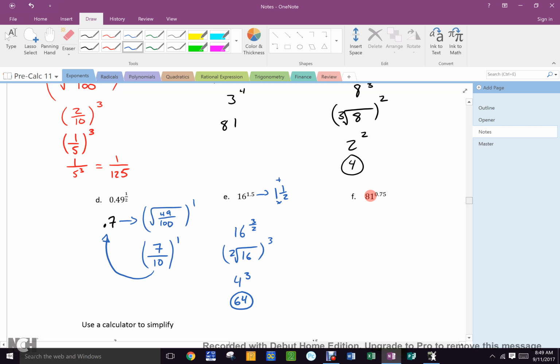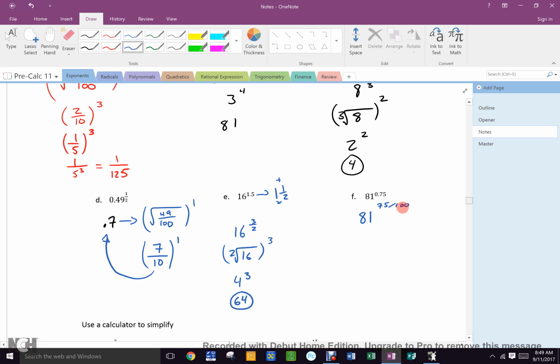0.75 isn't something we can work with, is it? But 0.75 does become a fraction. What? 75 over 100. It's a pretty big number. Can we make it smaller? 3/4. 81 to the 75 over 100. Absolutely correct. Luke says 75 over 100.